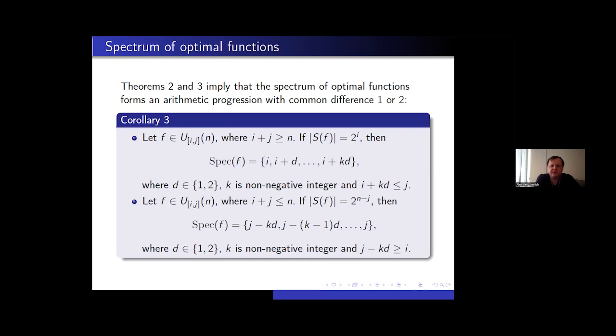If the support size of f is 2 to the power i, then the spectrum of f is the arithmetic progression i, i plus d, and so on, i plus kd, where the first term of this progression is i, the common difference d is 1 or 2, k is a non-negative integer, and i plus kd is less than or equal to j.